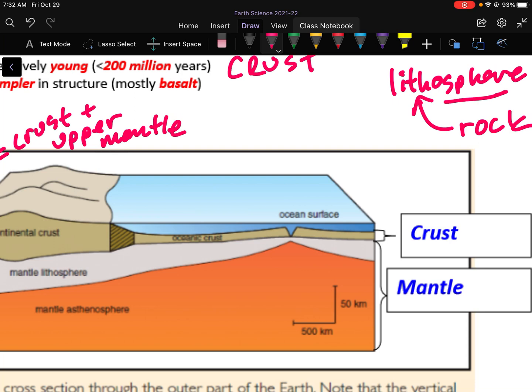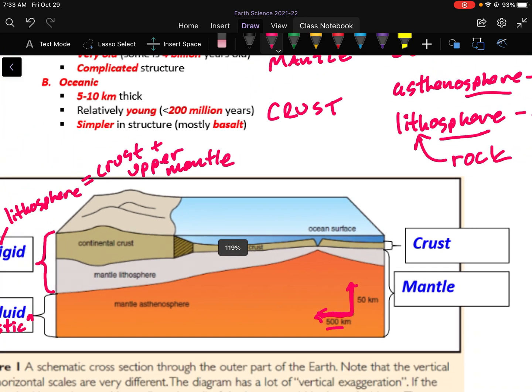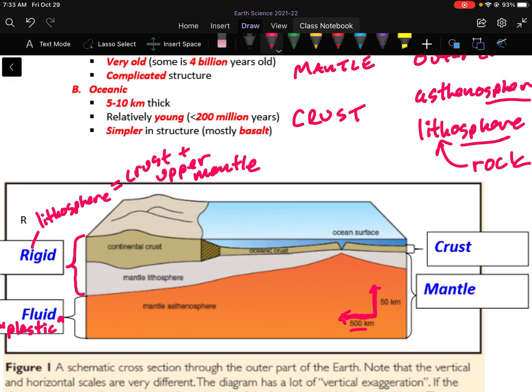One other important thing to note, which is really easy to miss: if you look at the scale here, side to side on the x-axis, we have 500 kilometers. But up and down on the y-axis, we only have 50 kilometers. So we have a different horizontal scale than vertical scale on this diagram. The reason is that the crust and the lithosphere are just really, really thin compared to the mantle.